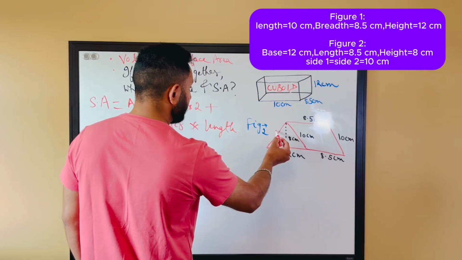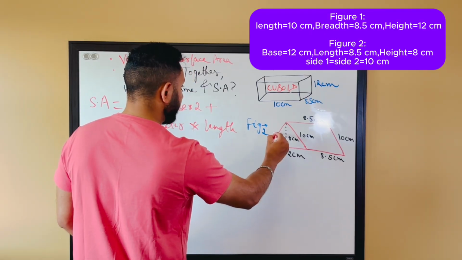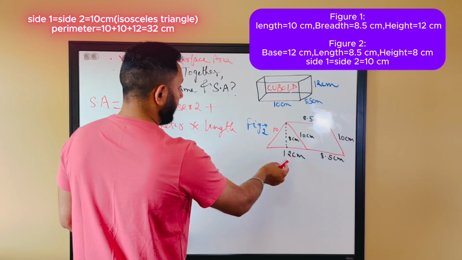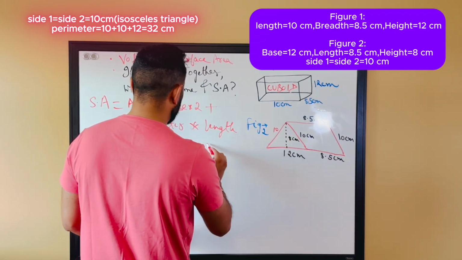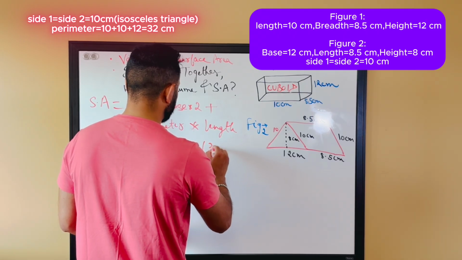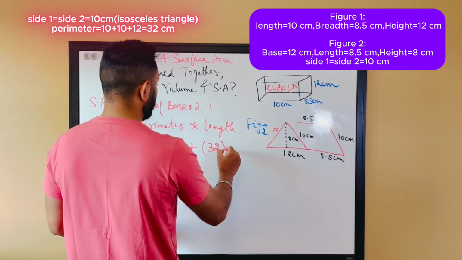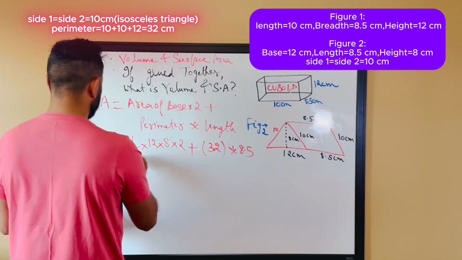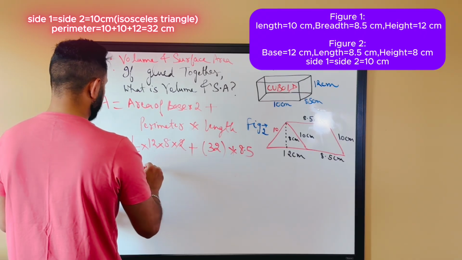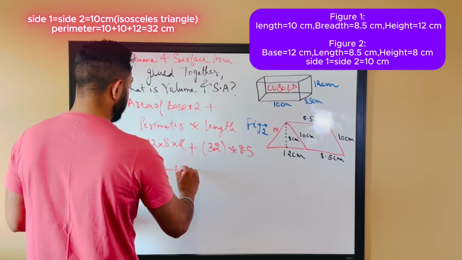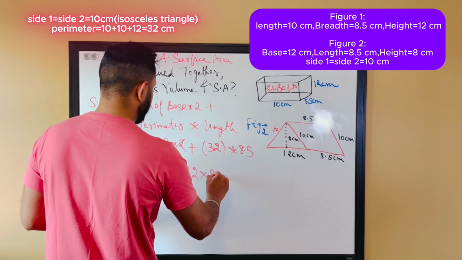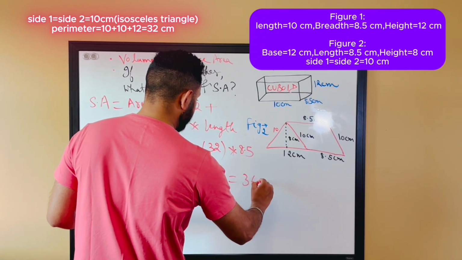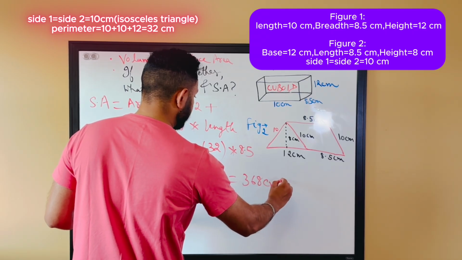This is 10 and this is also 10, so 10 plus 10 is 20. This is also 10, and 12, so 20 plus 12 is 32, into length. What is the length? 8.5. So 96 plus 32 into 8.5 comes out to be 368 centimeters square.